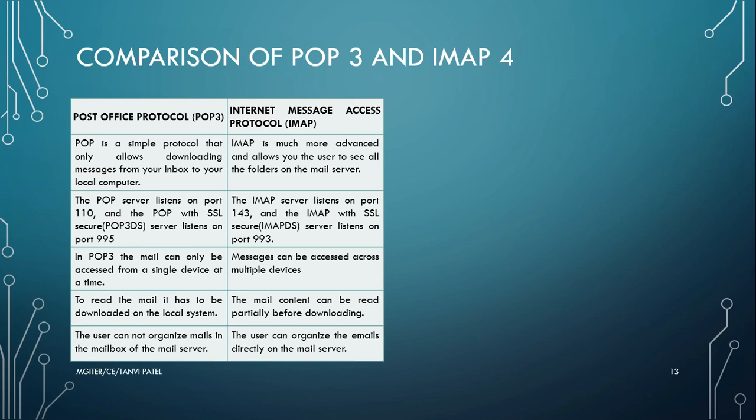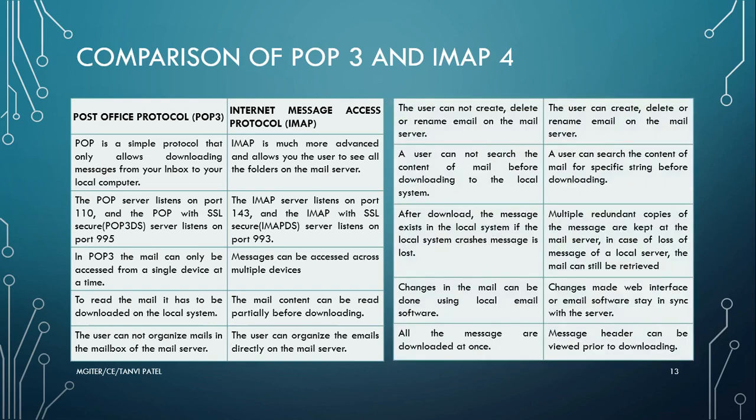To read the mail in POP3, it has to be downloaded on the local system. The mail content can be read partially before downloading in IMAP4. In POP3, the user cannot organize mail in the mailbox on the mail server, and in IMAP4, the user can organize the mails directly on the mail server.